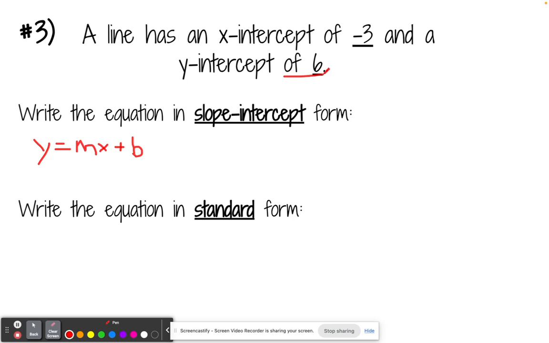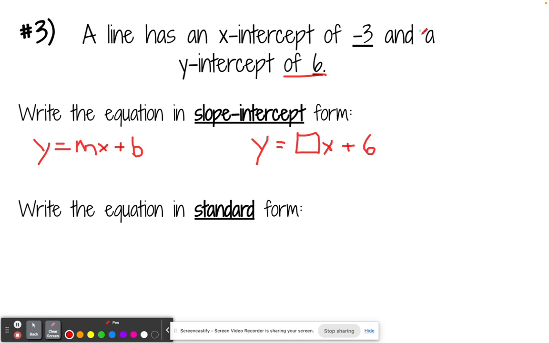It's my y-intercept. So I'm getting close. I have y equals some number, my slope, times x, plus b, and b is 6. So what can I use? How can I use this information to figure out my slope?